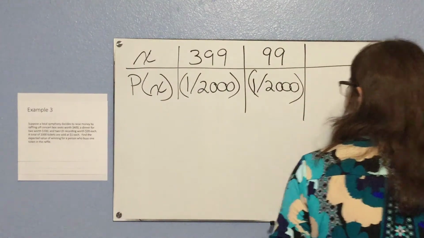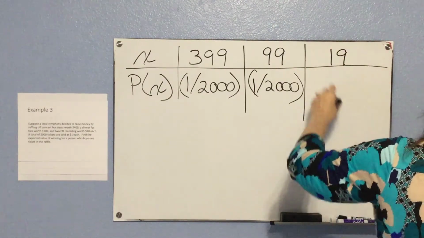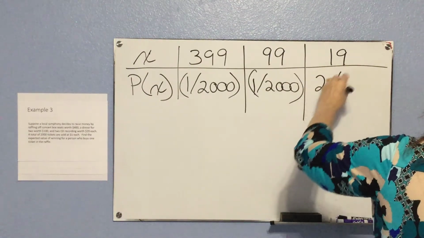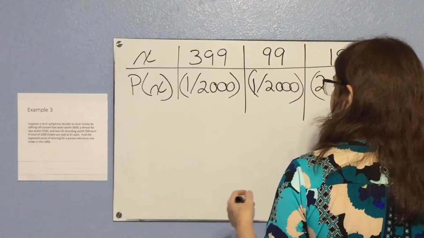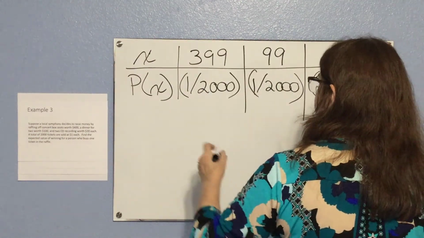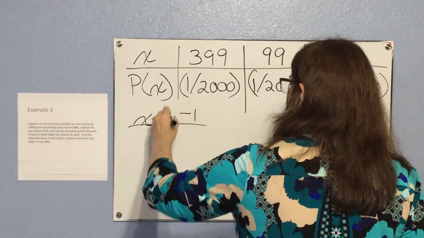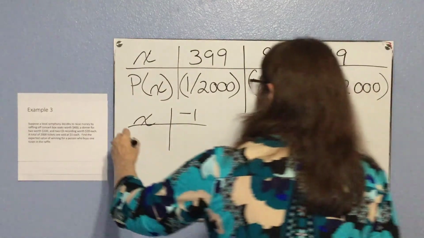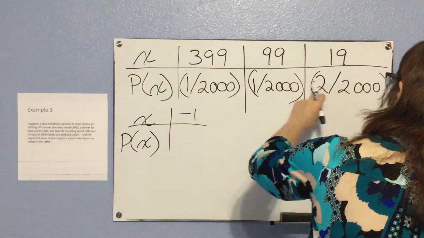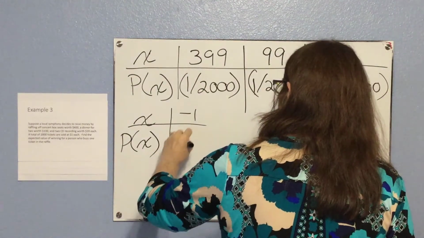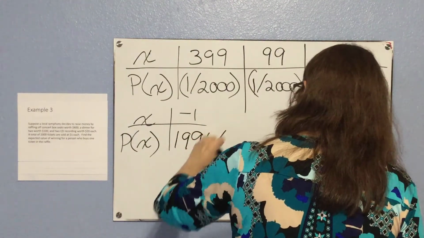The recordings were worth $20, so the net winnings would be 19. But there were 2 of those. Okay, and then, of course, we have all of the losing tickets. So for those, the X would be -1. And the probability of getting that, there were 1, 2, 3, 4 winning tickets, so 1996 out of 2,000.